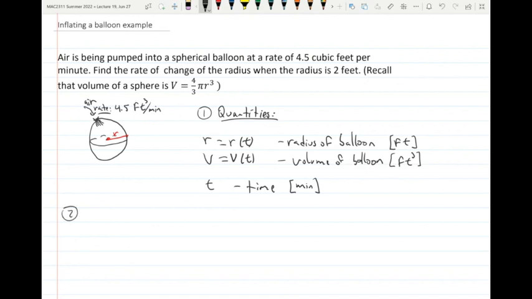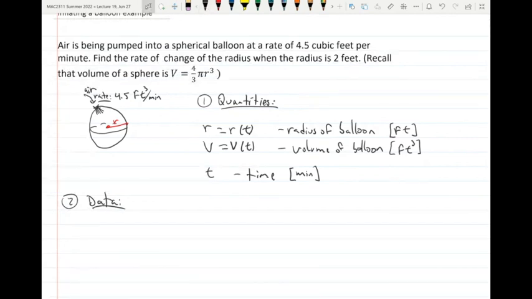Next, what do we need? Data. All right, so let's see, what are we given? Now remember, the data we write in terms of our quantities, okay? So you go back and read, we find a number. What does that number represent in terms of quantities? Derivative of volume. With respect to what?